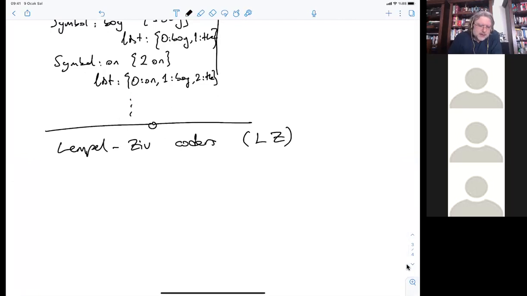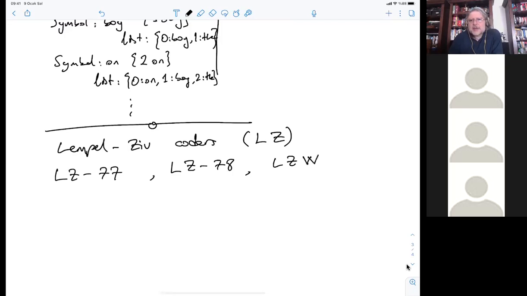The first variant is Lempel-Ziv 77, which I will show now. Then is LZ78, which I will show next week. And then the next is LZW, which I think I'm not going to show. But the way it works is also quite commonly known.